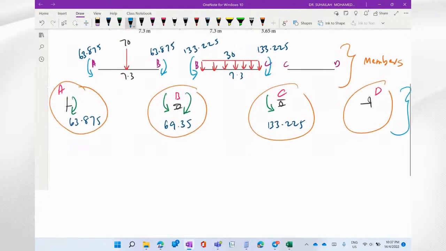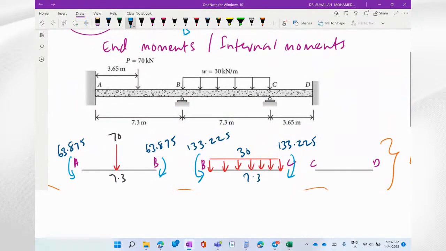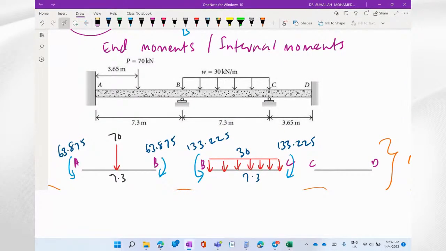Okay, let's look at this diagram first. All fixed, so we use 4EI over 7.3. This is 4EI divided by 7.3 as well for the K value.